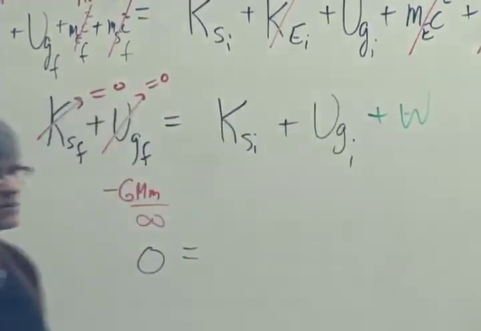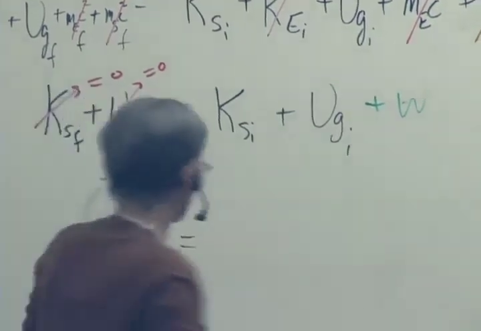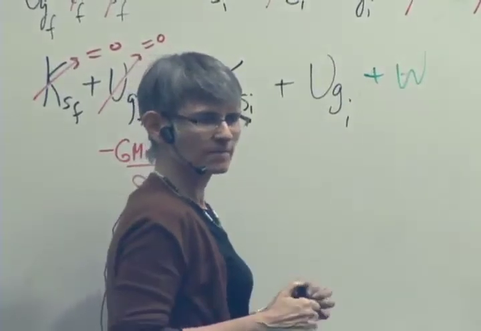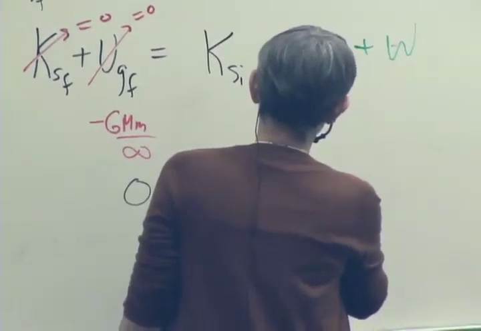The initial kinetic energy of the satellite, well, we know its speed. We just figured that out in part one. So we have one half mass of the satellite, v squared.